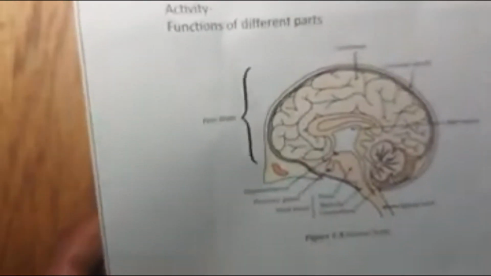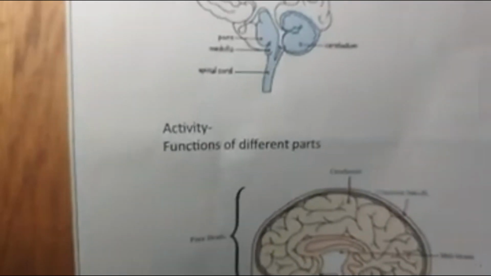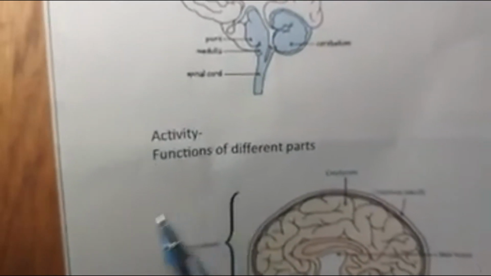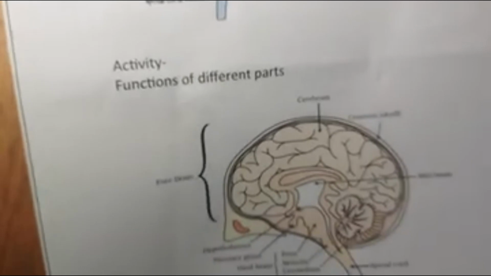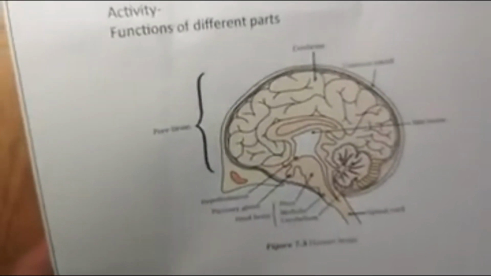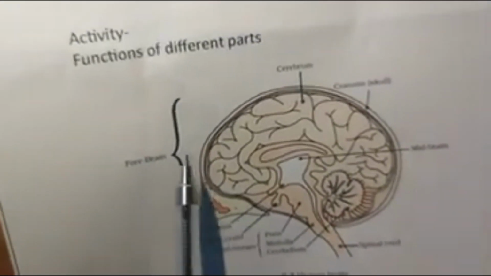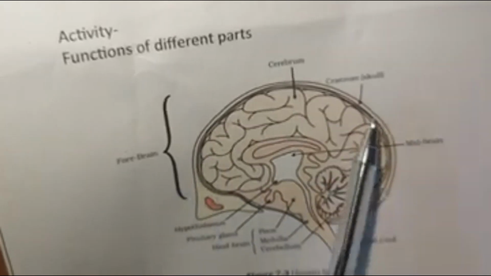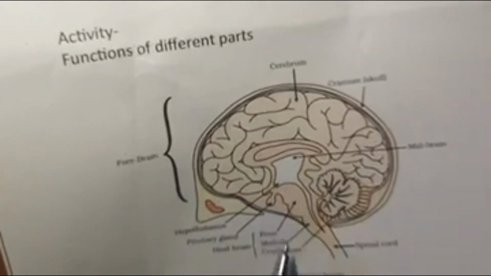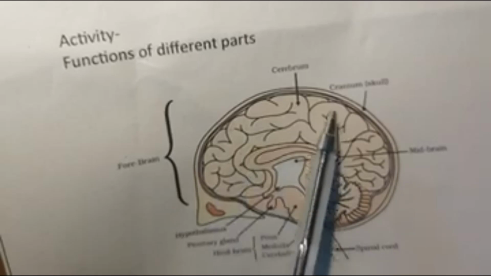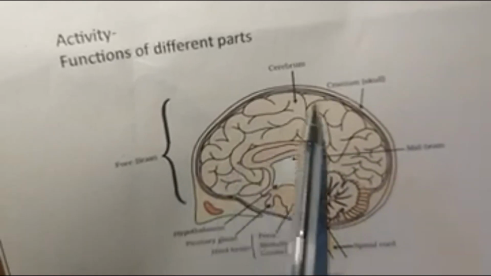But let's have a look at more specific parts of the brain and find out their function, because that's the activity described in your book, functions of different parts. So that's the diagram given in your book. It shows forebrain, midbrain and hindbrain. Remember, this all is the forebrain, okay.